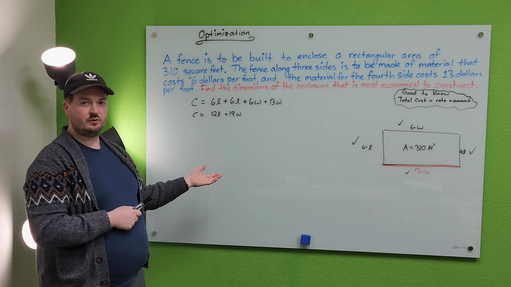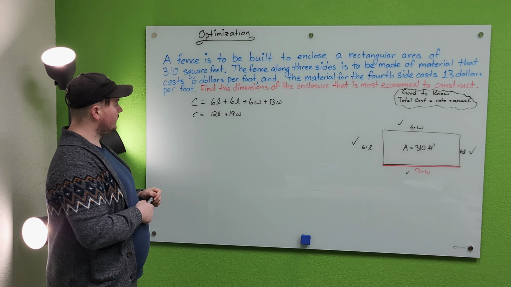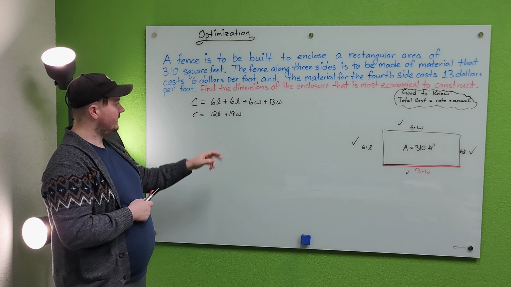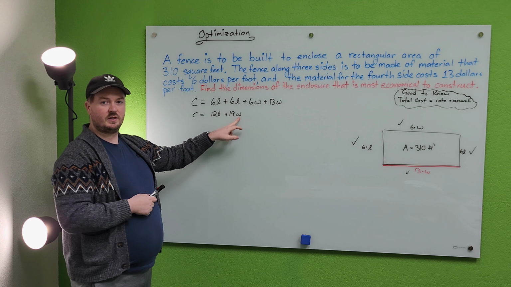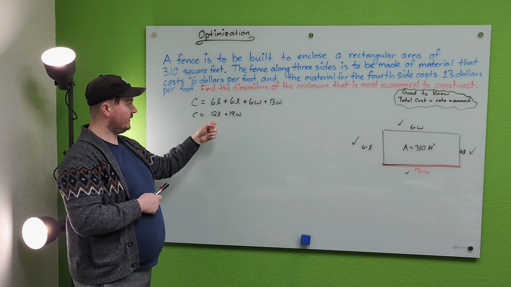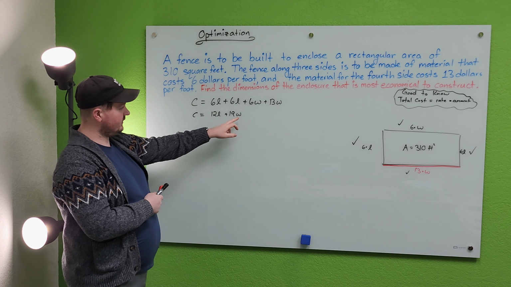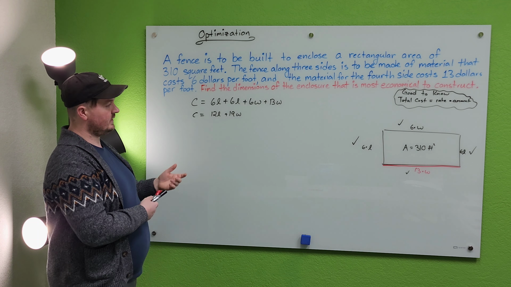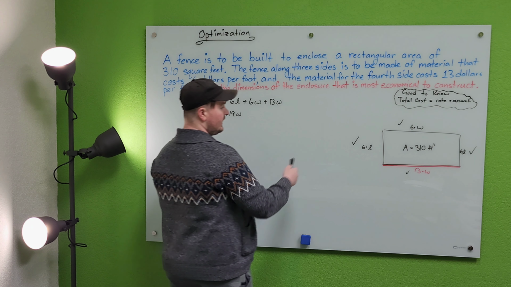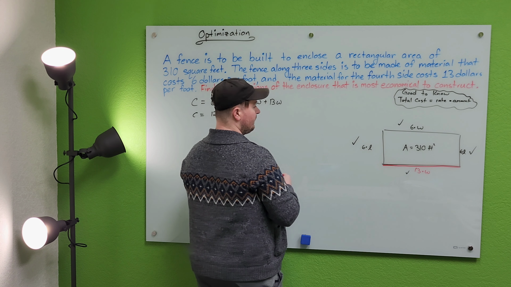Right now we have two variables. So we need additional information to substitute one of these variables in terms of the other. We can use the area to get this information.